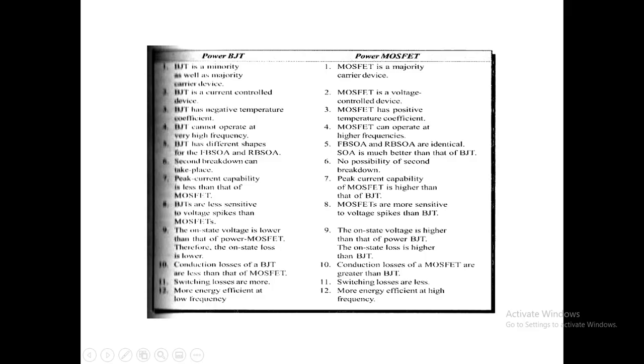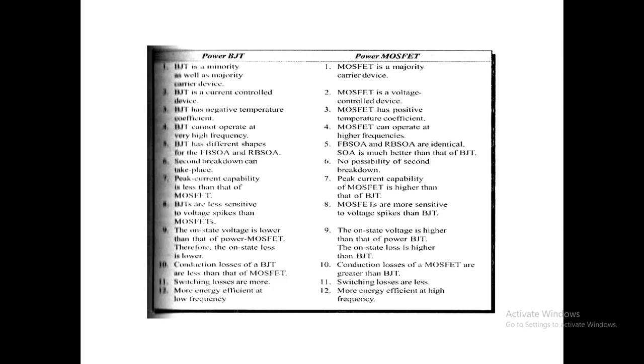So this is the difference between the BJT and MOSFET. BJT is a bipolar device, that is, both minority and majority carriers are responsible for the conduction, and the MOSFET is a unipolar device, that is, conduction is by majority carriers. BJT is a current controlled device, the input control signal is base current, and here we are applying the gate source voltage, so it is a voltage controlled device.